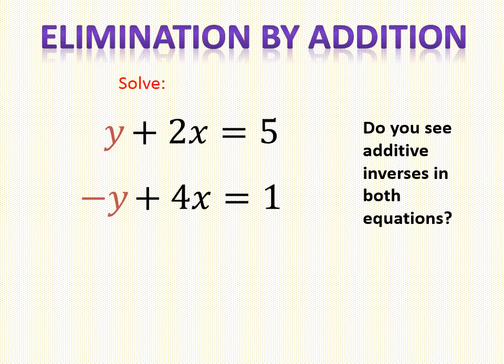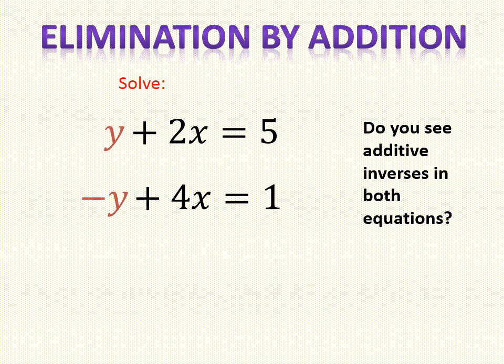And in this case, we have y in both equations, one with a positive sign and the other one with a negative sign. We have y and negative y. Y and negative y are considered additive inverses. If your system has additive inverses, you need to move on to the next step.